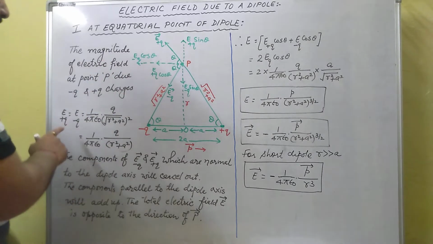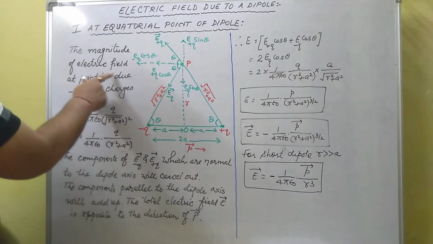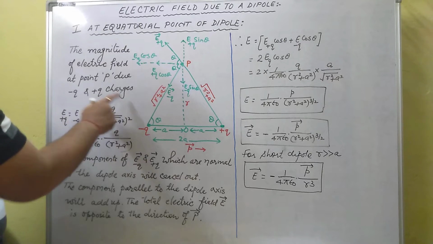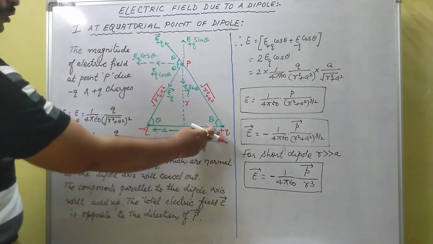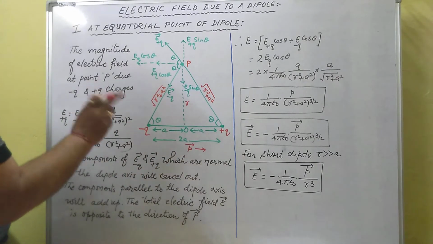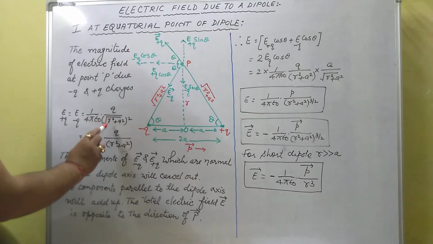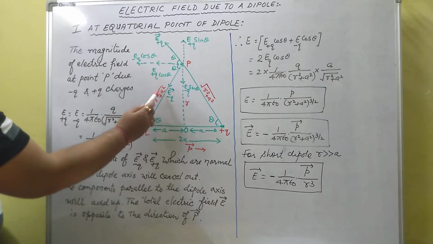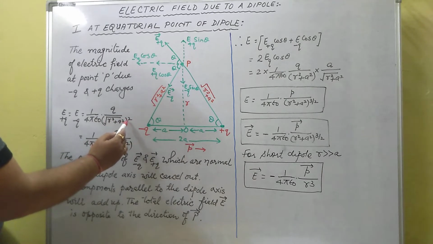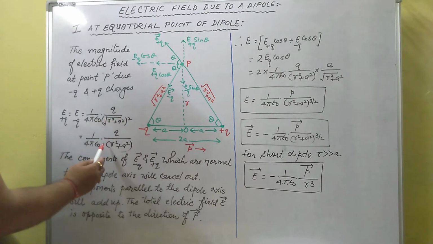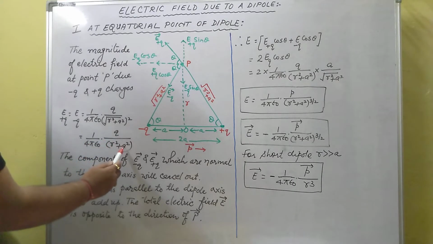So here if you see E minus q sine theta and E plus q sine theta, its magnitude, electric field at point P due to minus q and plus q charge, from here or here if you take, will become equal to 1 upon 4 pi epsilon naught q upon distance, which is r square plus a square whole square. This will cancel with this root, so you will get 1 upon 4 pi epsilon naught q upon r square plus a square.